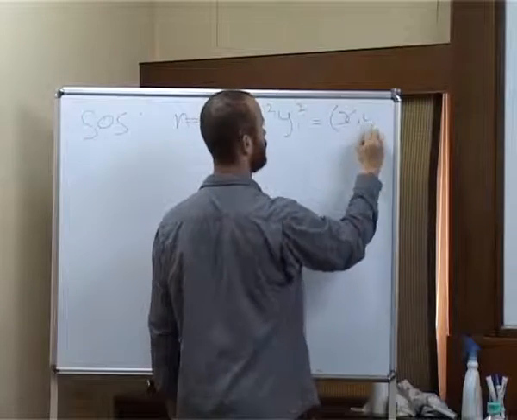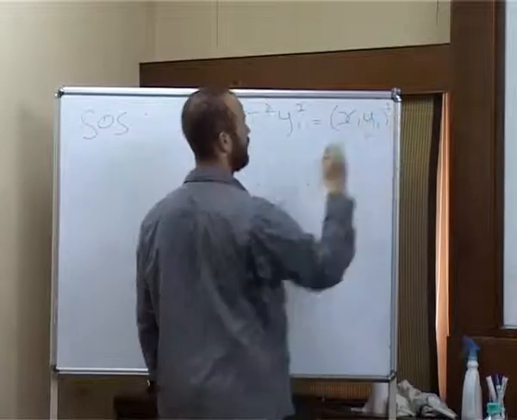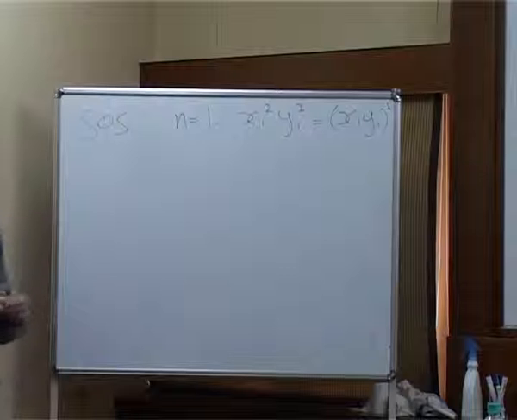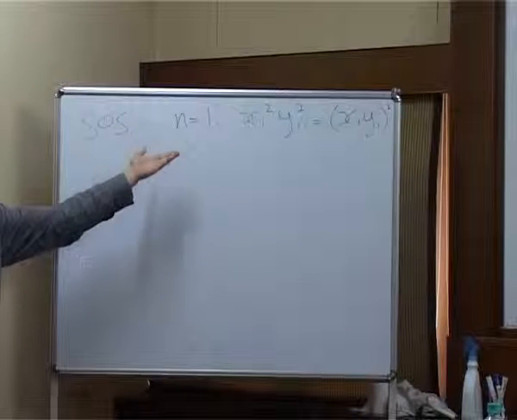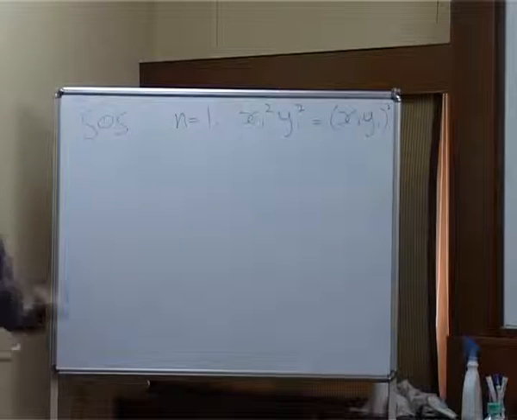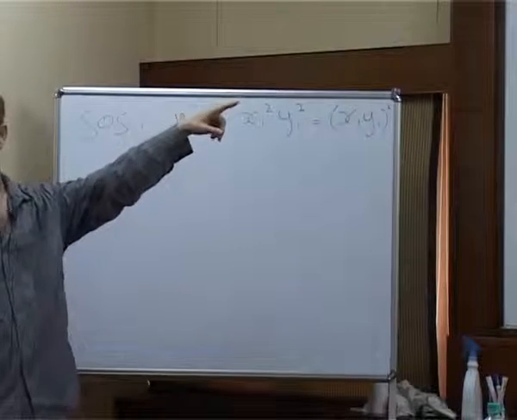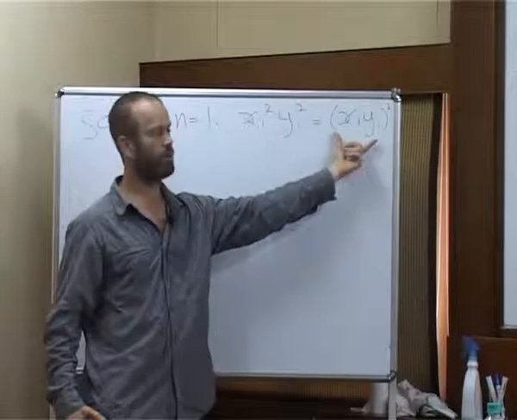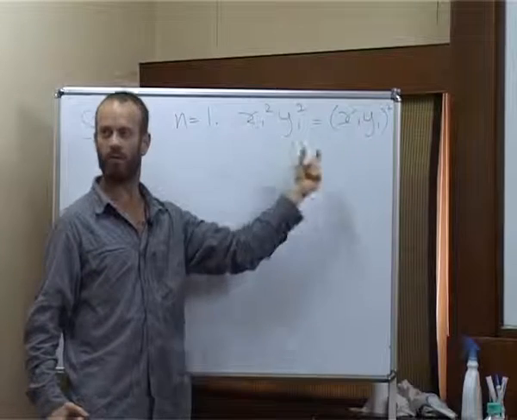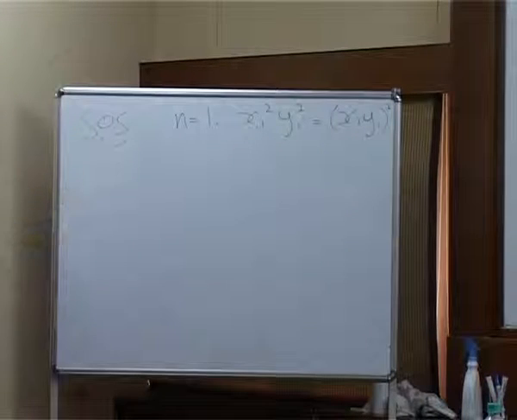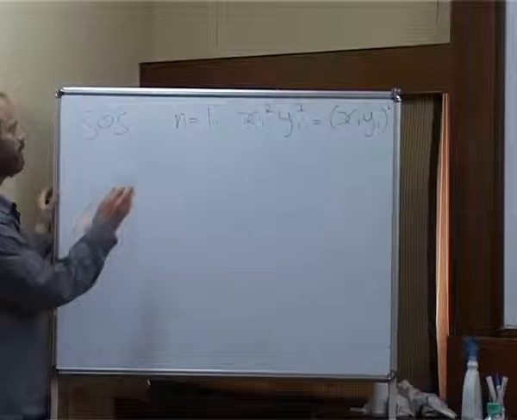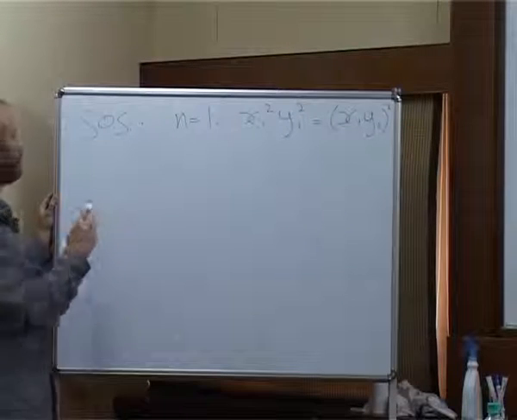It's like x1 times y1 squared. This is very simple. And I remind you, this is in the commutative world. In the non-commutative world, this is not an equality. But we are now in the commutative world. So this is very simple. This is just commutativity, basically.